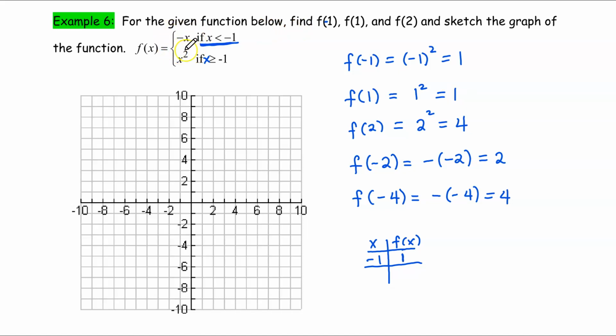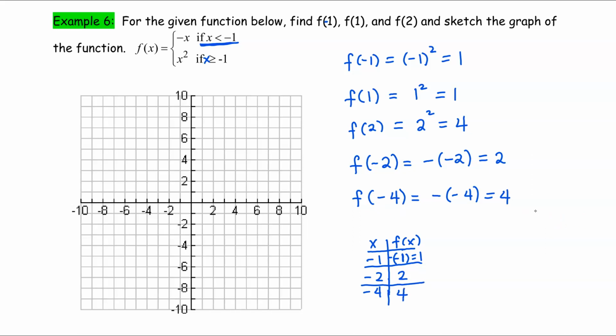Using this definition here, you replace -1 at x. So negative of -1 is 1. Then also pick another number that is contained on this interval here. We already did that here. So we can have -2, and that gives you 2. And also we had -4, and that gives you +4.